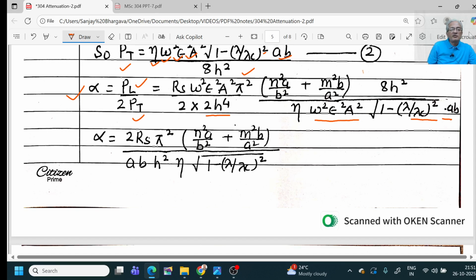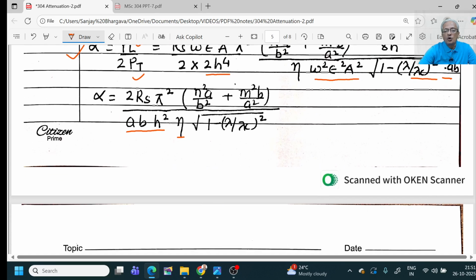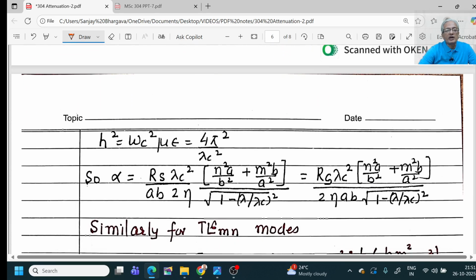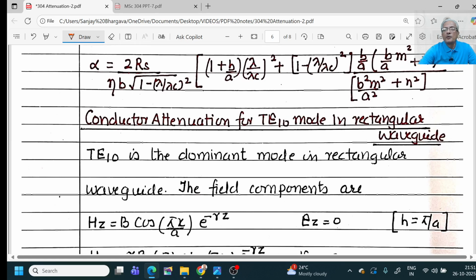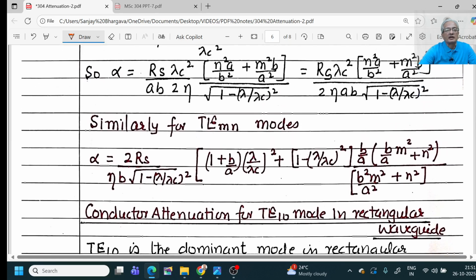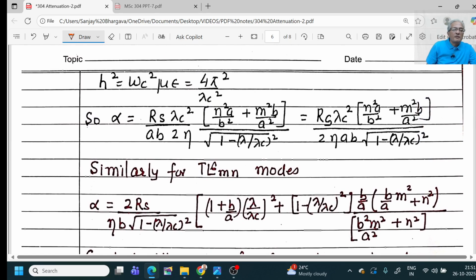On simplification, we obtain 2rs pi square n square a upon b square plus m square b upon a square, and in the denominator we have a b h square eta under root of 1 minus lambda by lambda c का whole square. H square can always be written as omega c का square mu epsilon, and h square can be written as 4 pi square upon lambda c का square.